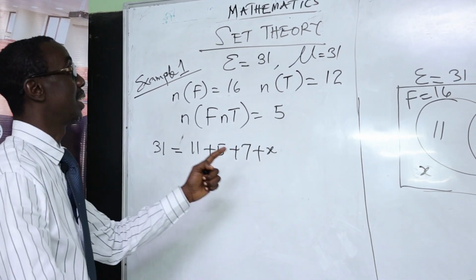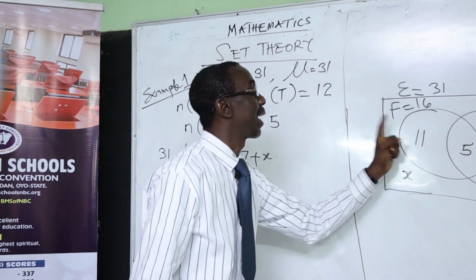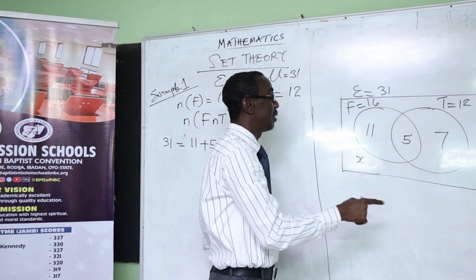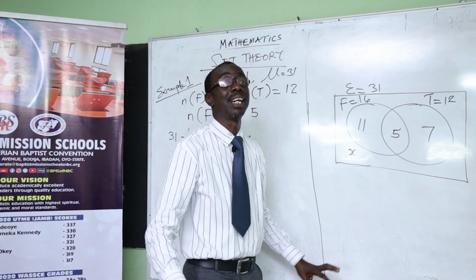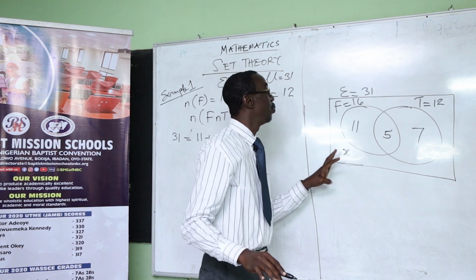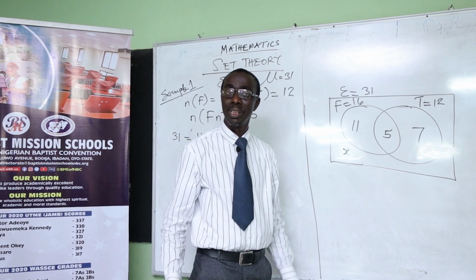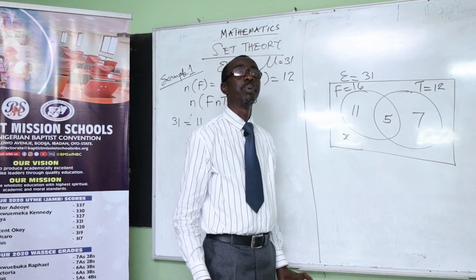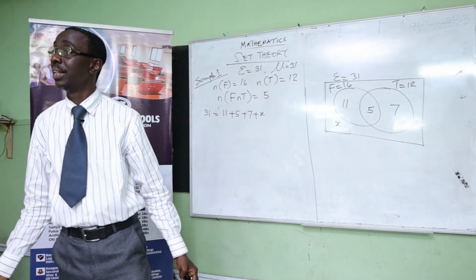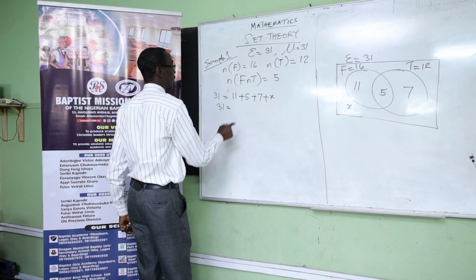Because the universal set is representing the total number of students, the total number of students is all those people that are having these activities added with the number of students that have nothing to do with the two games, but they are also students. They are students, but they don't like games. But because they are students, they must be added to the number of what? Students. With that, I have 31 is equal to what?